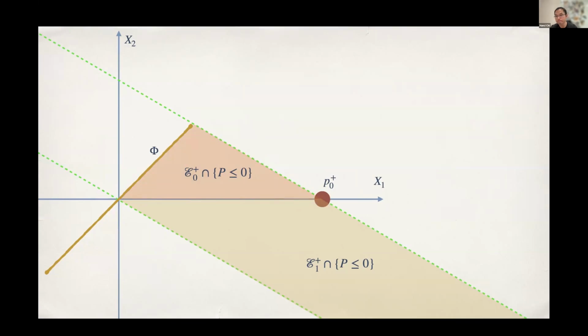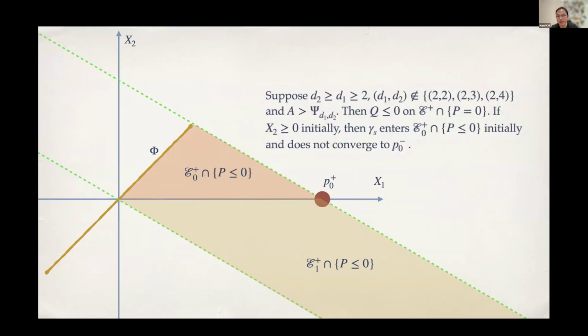We realize that if A is too large, then you can still argue that all the integral curves that enter this region initially will have P less than 0 initially, and so all these integral curves will not converge to P0 minus. So basically, P less than or equal to 0 is very bad news for the existence.